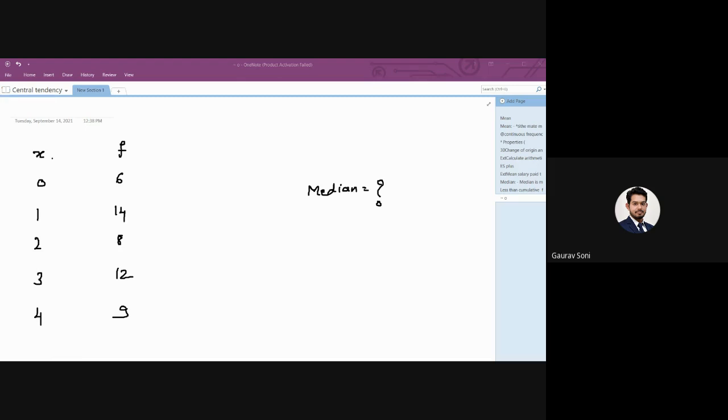Okay, I will leave it as an exercise for you. You can try this, think on this, and you can tell me tomorrow. If you are not able to, then I'll tell you. For discrete frequency distribution, how do we find out the median?